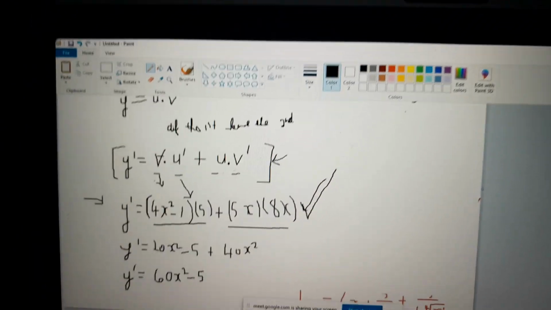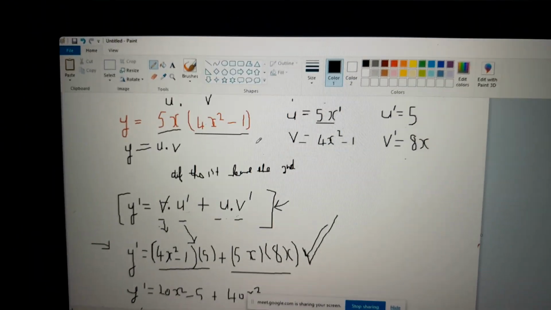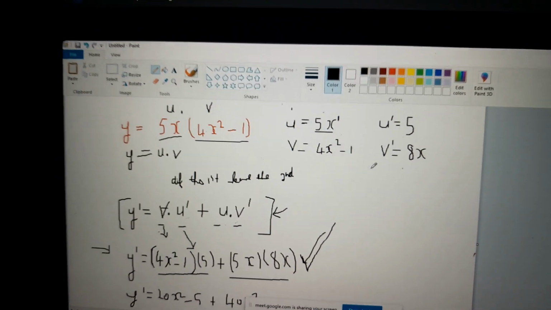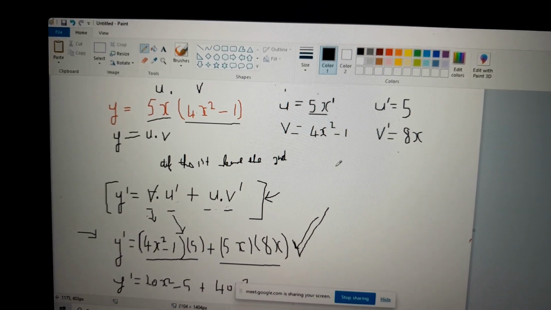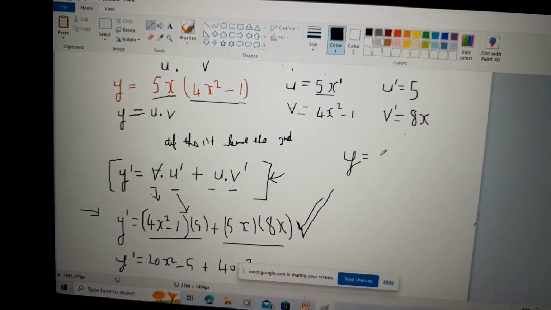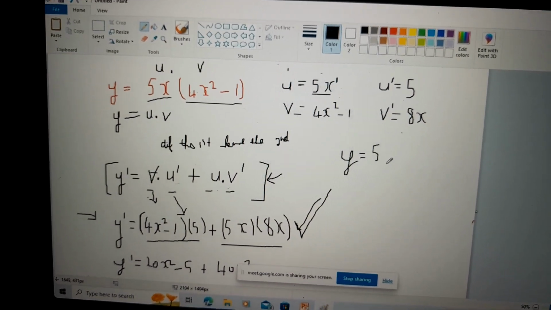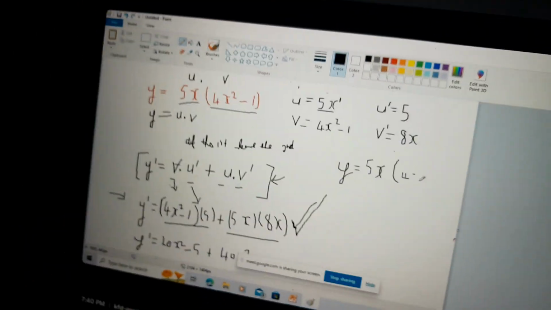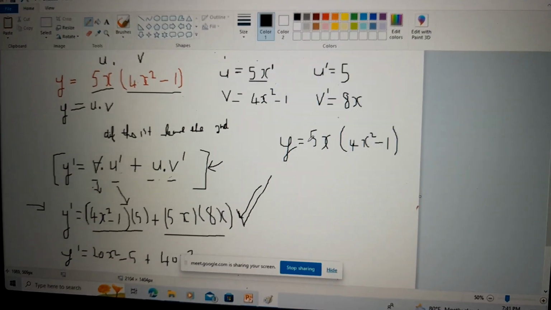What I wanted you to see though, why I use this one here, I want you to see that the answer is legitimate. So look back at this function. Y is equal to 5x into 4x squared minus 1. The truth is, I could expand this.